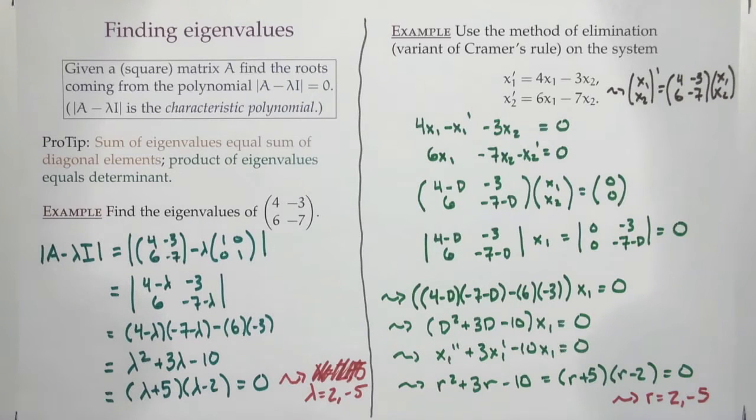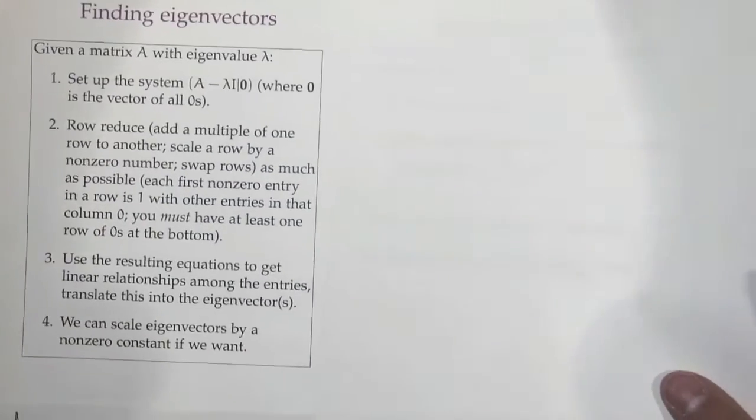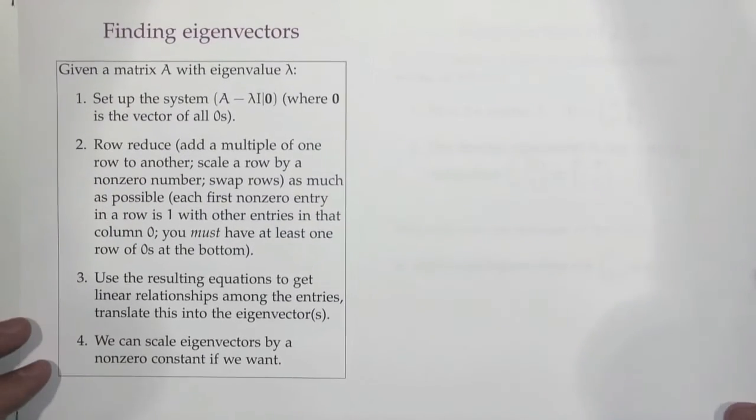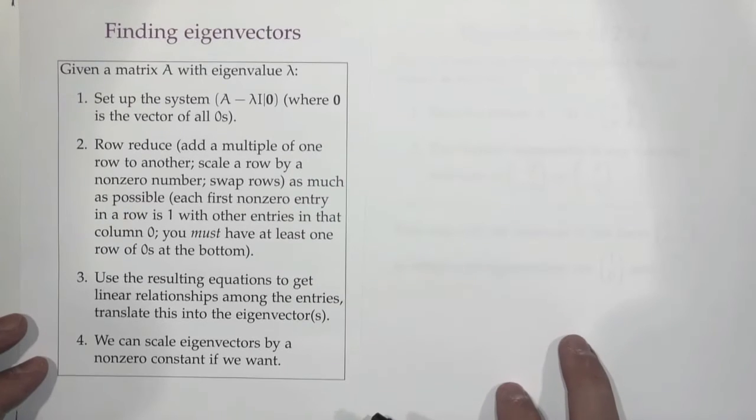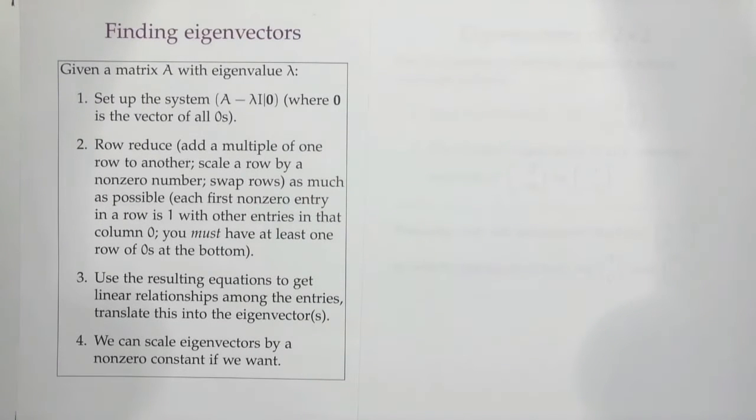Okay, but eigenvalues are only half of the story, because with eigenvalues come eigenvectors. So how do we find those? We should talk about that. So, finding eigenvectors. Now, you might say, wait, can you remind me what an eigenvector is? Yeah, I can do that.